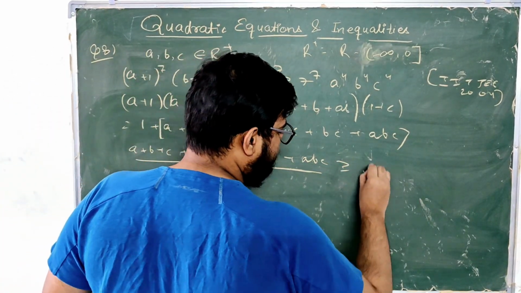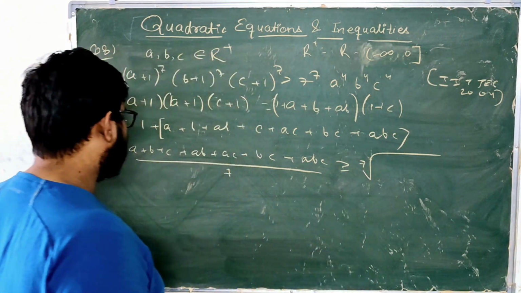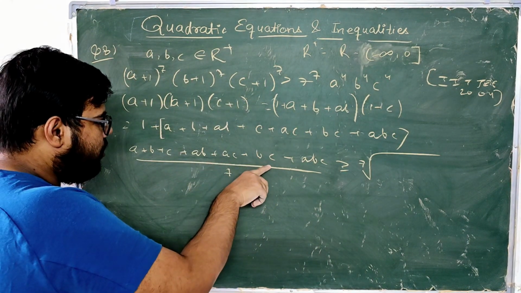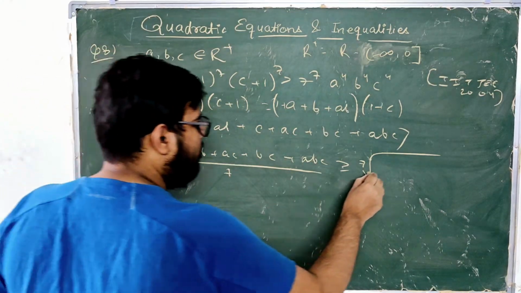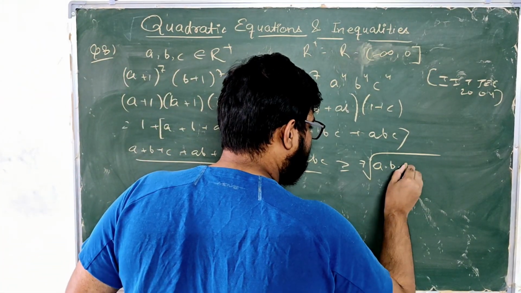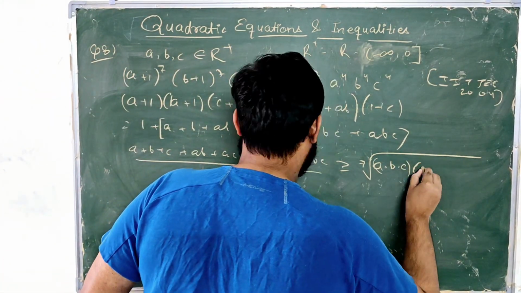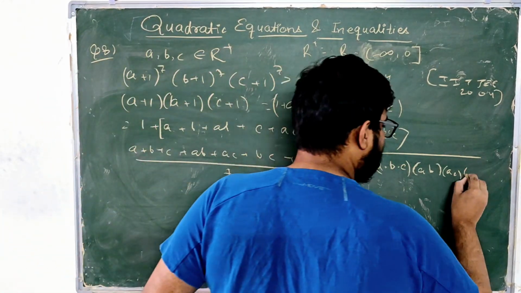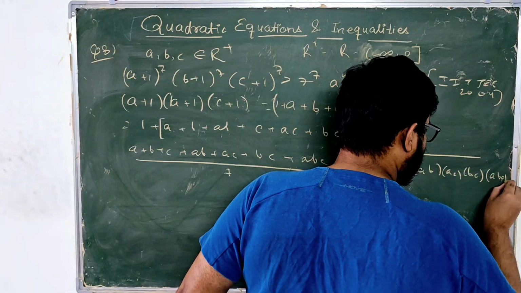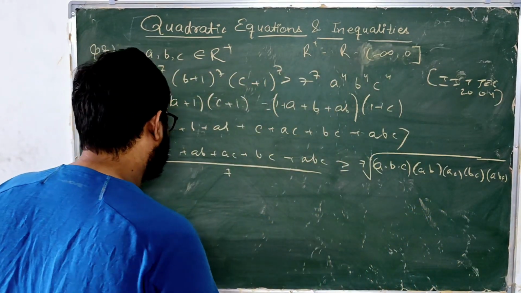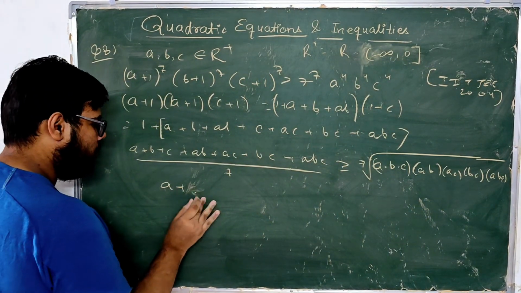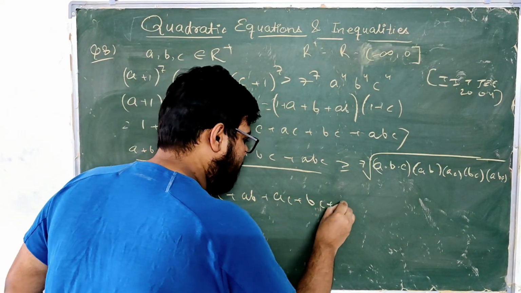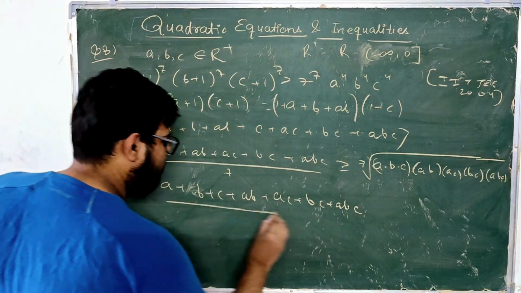It will be greater than or equal to the 7th root of the product of A, B, C, AB, AC, BC, ABC, right? Okay. Now just multiply these terms. So you will have (A plus B plus C plus AB plus AC plus BC plus ABC) divided by 7.